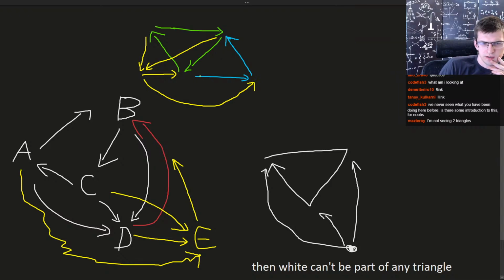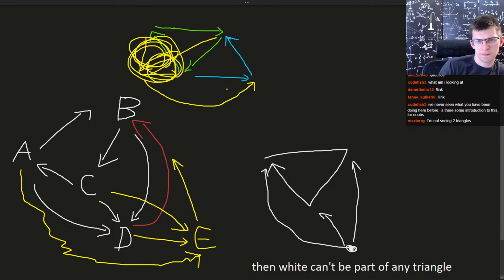Did we get any contradiction? For sure now this edge is implied because of this triangle looking at this vertex.